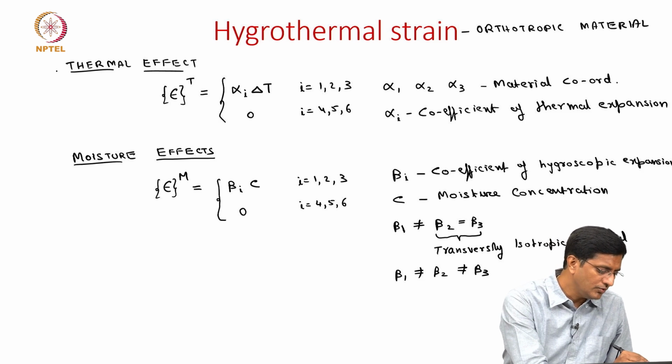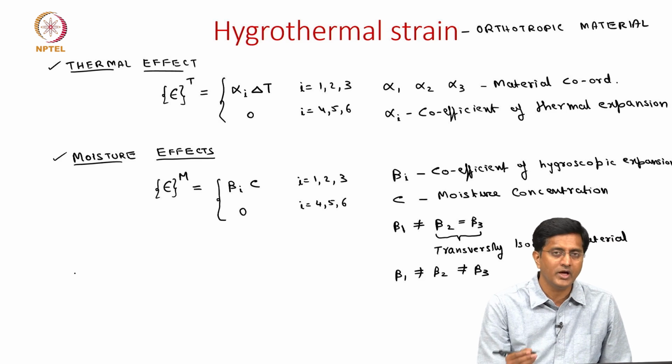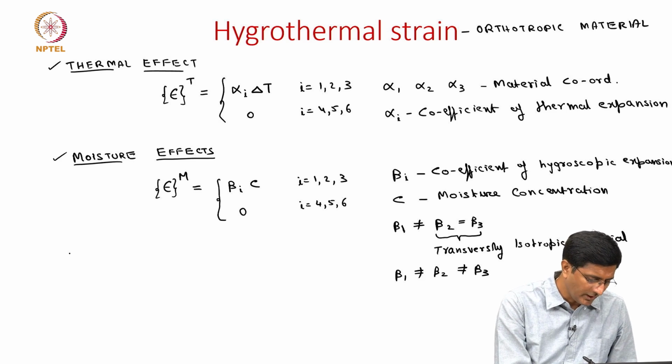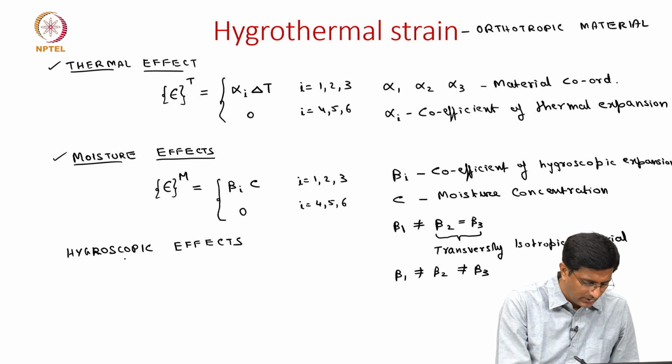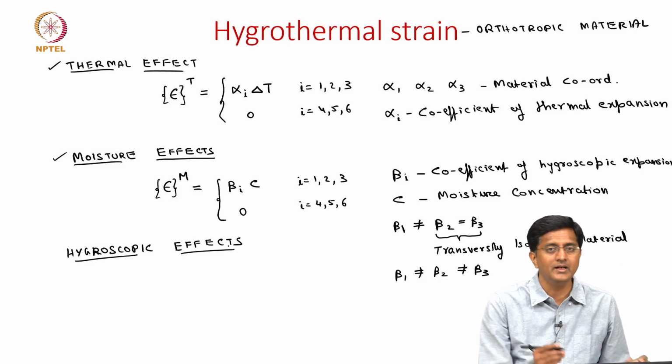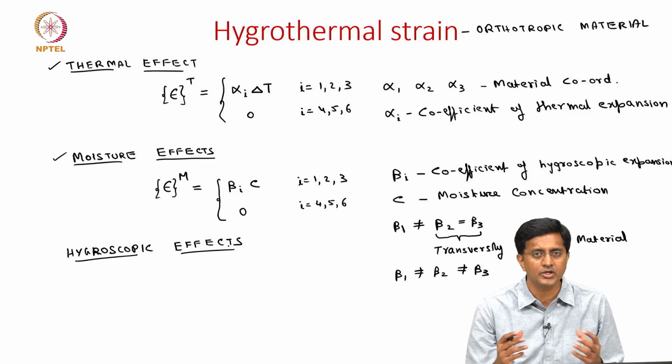We have looked at the individual effects of temperature and humidity, but if we have both, which means hygrothermal strain, since we are looking at a linear elastic material, we can do the superposition.